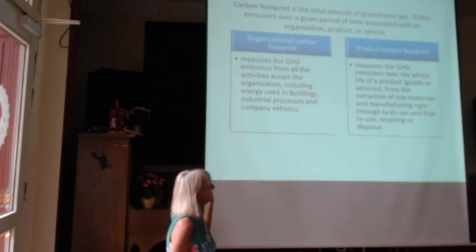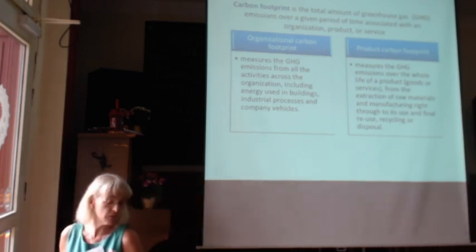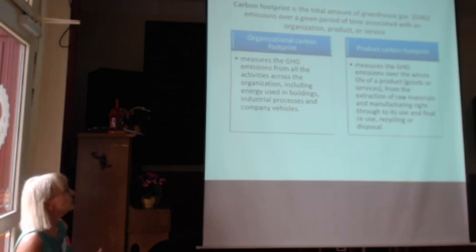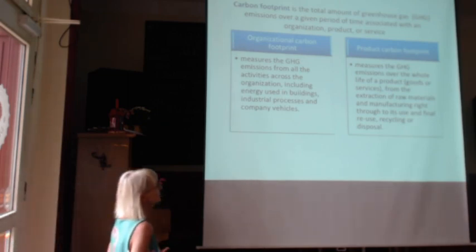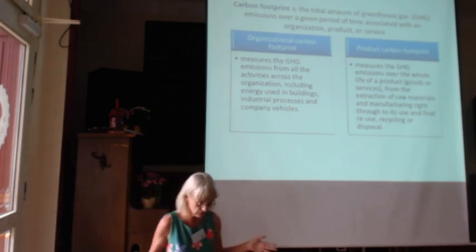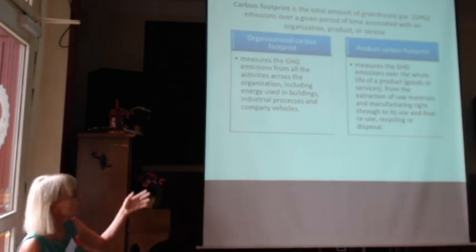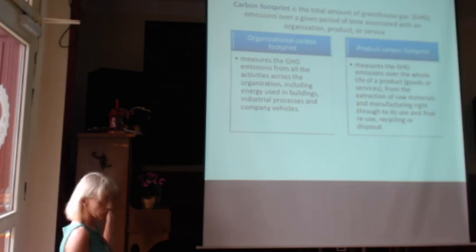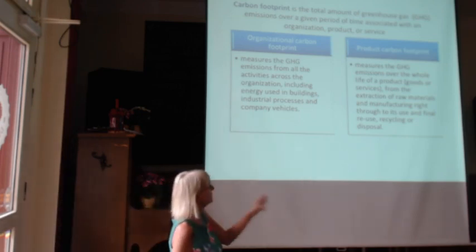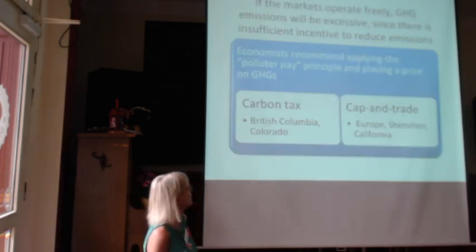This is just the carbon dioxide equivalents of different greenhouse gases that impact the environment. So we are looking either at a time period within the company's life and all their emissions, or at what happens with the product from the raw material until it is disposed of.